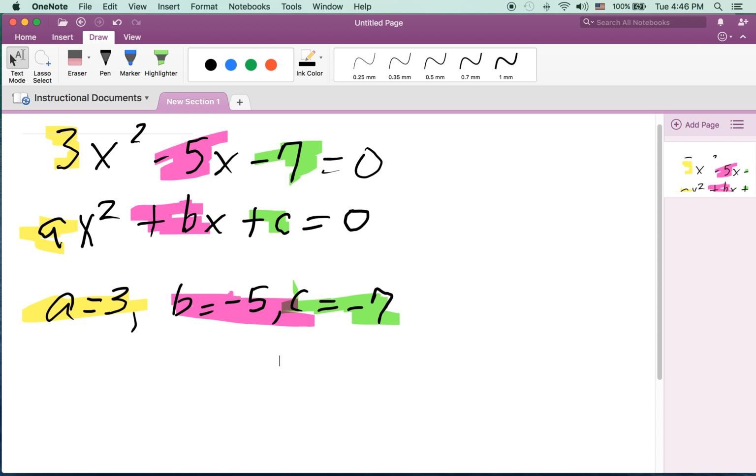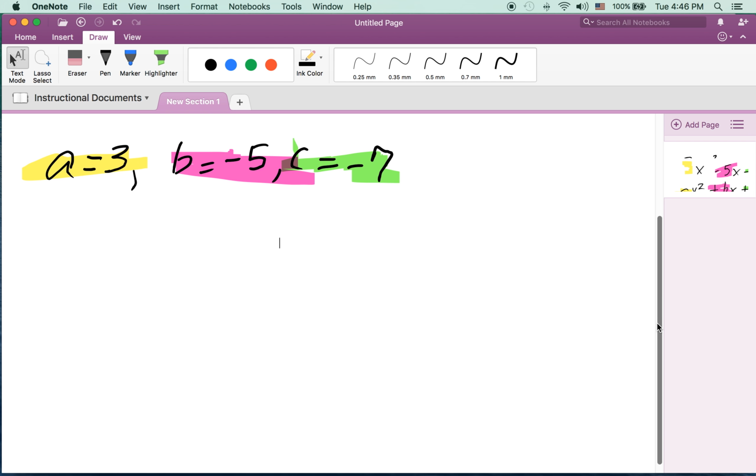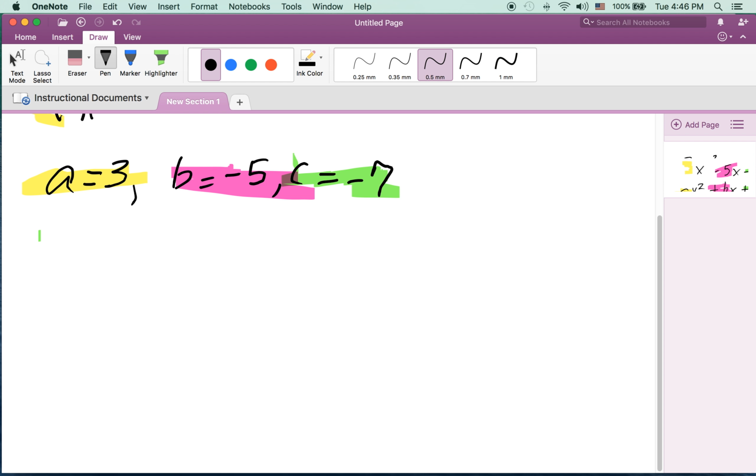So let's use the quadratic formula. I know that most students have committed the quadratic formula to memory, and so it goes like this. x actually has two values, right? Because there are two solutions to a quadratic equation.